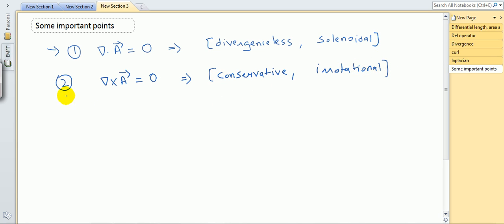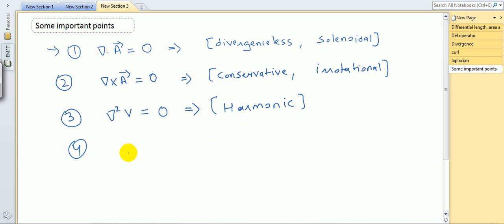Third point, if I find the Laplacian of a scalar, suppose my scalar is v, and it comes out to be 0, then the field is called harmonic. Fourth point, these are basically some identities.